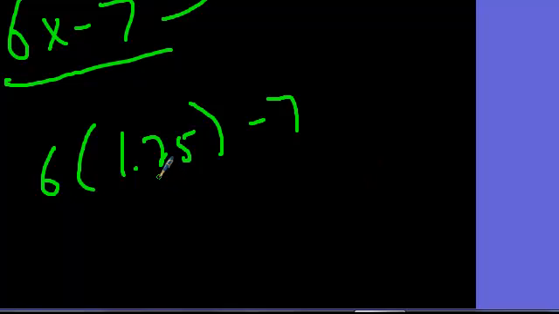That's not nice. Let's see, 5/4 times 6. 30 over 4, 7.5 minus 7, so 0.5. Your solution is 1.25, comma, 0.5. Or 0.5, doesn't matter, either answer's fine. And you're done.